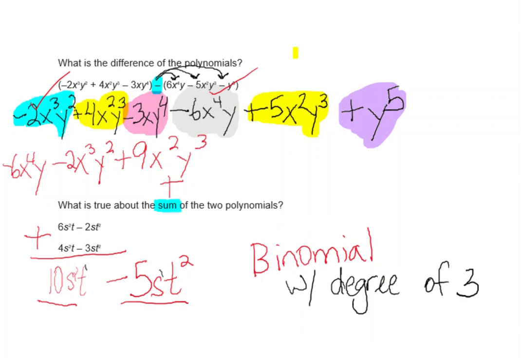So we got that one. The 9 came from adding those two. Then we have negative 3xy to the 4th. And then last we have positive y to the 5th. So after we subtracted, where we had to change the sign of each term inside the following parentheses, then we just combine our like terms.